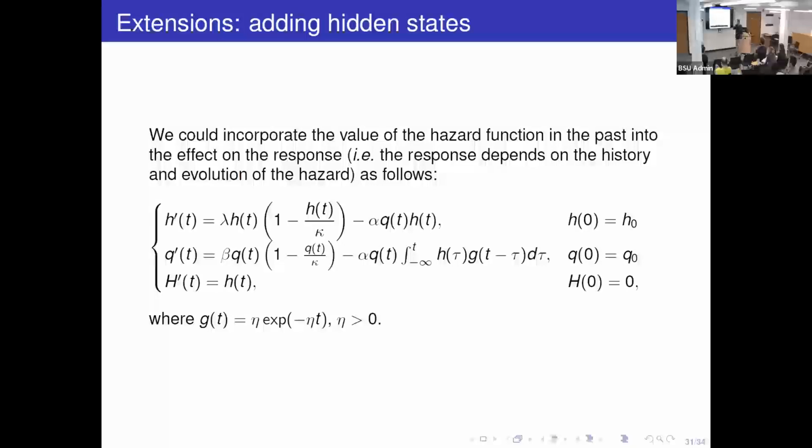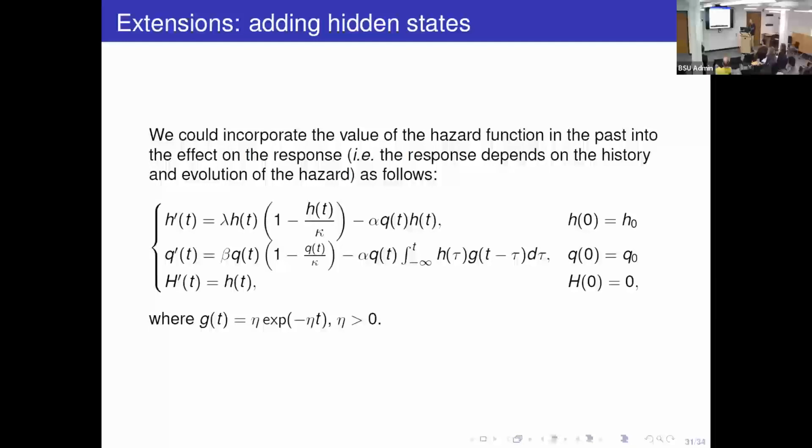And this is basically a term that is not only considering the hazard function at time t, but also the entire evolution of the hazard function, weighted by some function g, which in this case is given by this quantity here. So now this becomes an integro-differential equation, and the additional thing we are gaining is including a sort of time-dependent effect of the hazard function. So depending on the history of the hazard function, that's how the response is going to fight the hazard function.